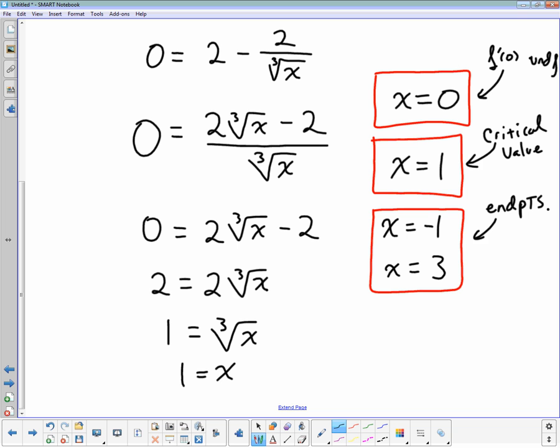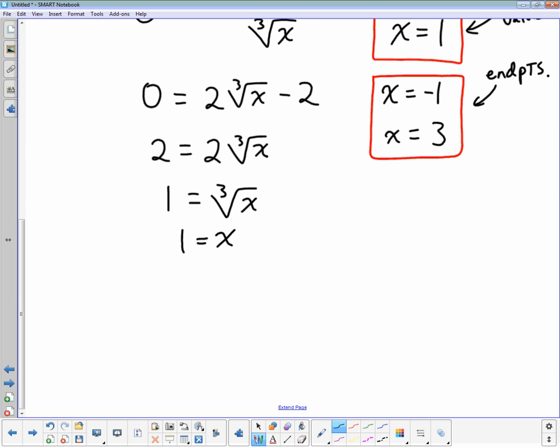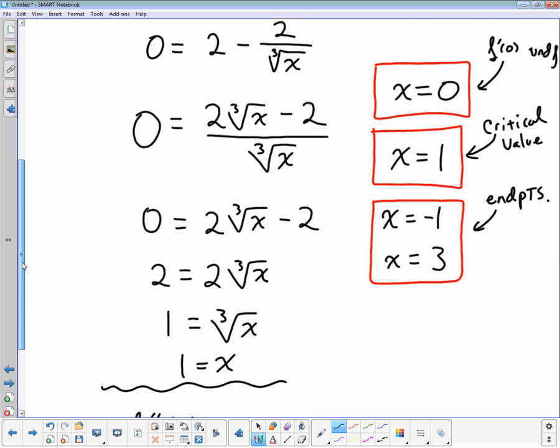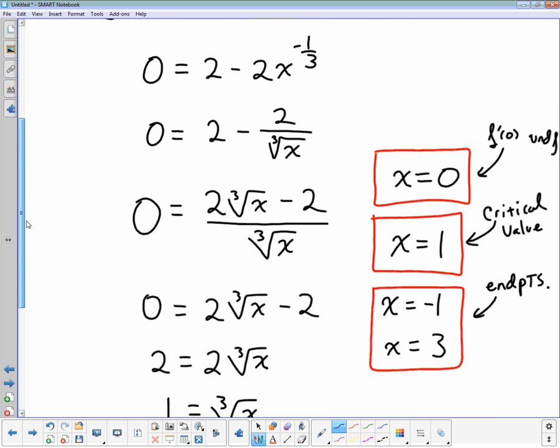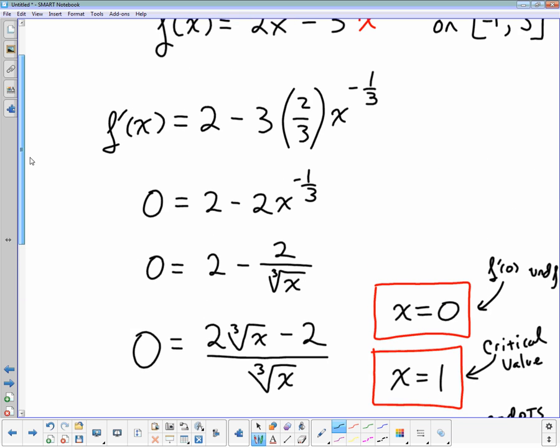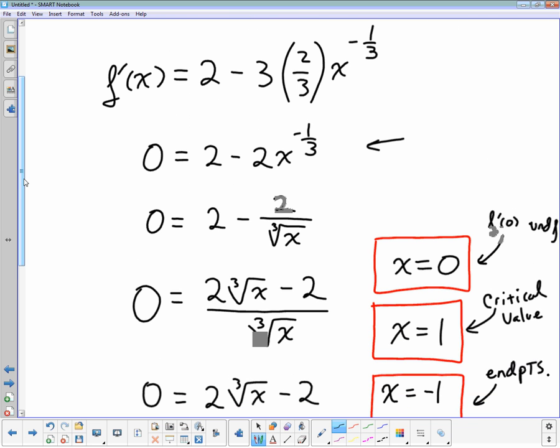Oh, yeah, sorry, was it step 5? Yeah, so we take the second derivative and we plug it in. So this is my first derivative. That's not my second.